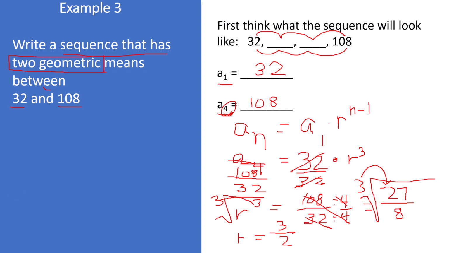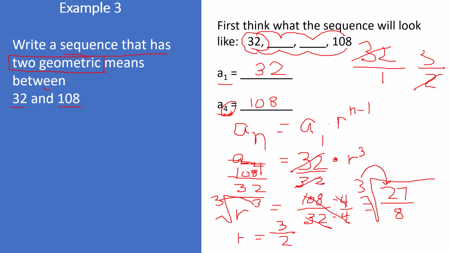So if you're looking for those second and third terms, you multiply 32 over 1 times 3 over 2. Simplify. Let me get my calculator out. It goes a lot faster that way.